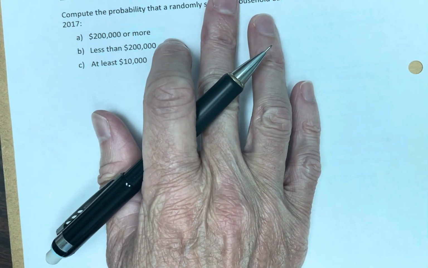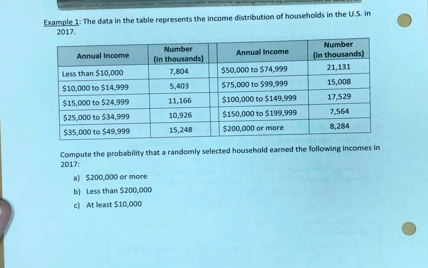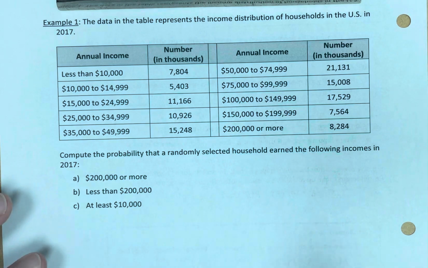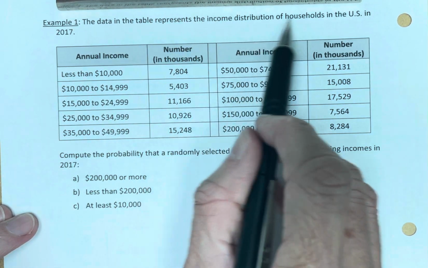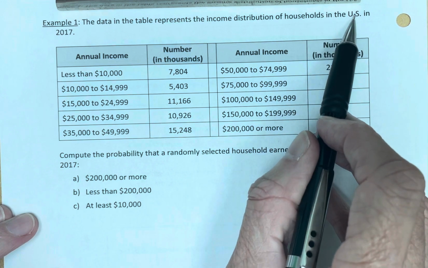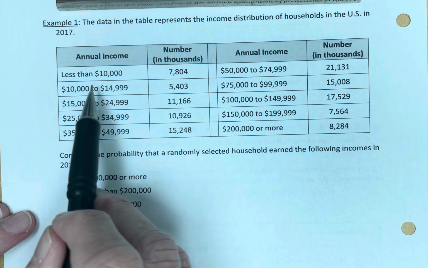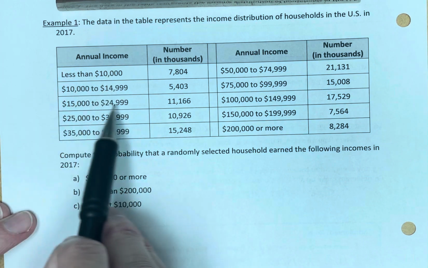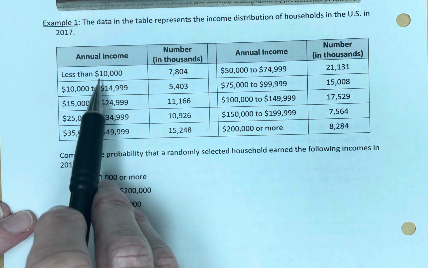Let's take a look at an example with 3 parts. The data in the table represents the income distribution of households in the United States in 2017. So notice it's broken up in various classes. They're all a little different. You have some different sizes.